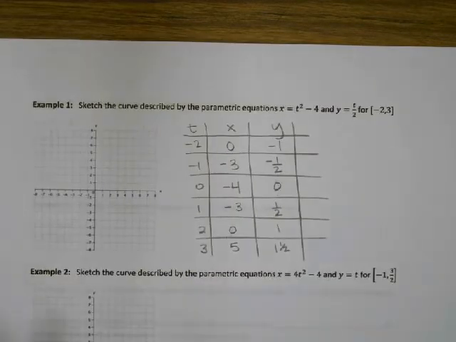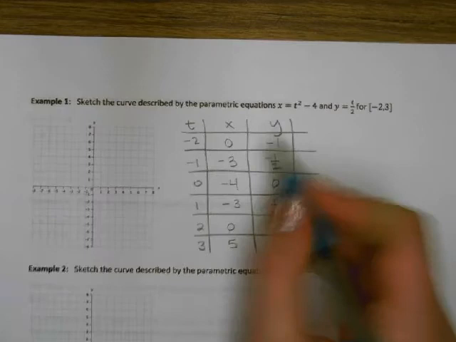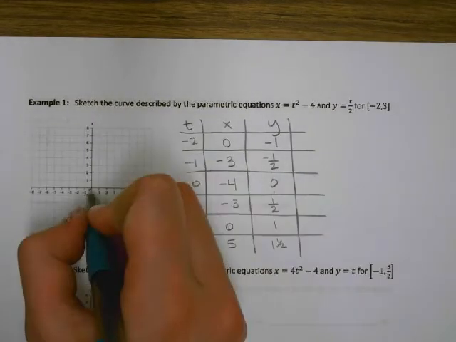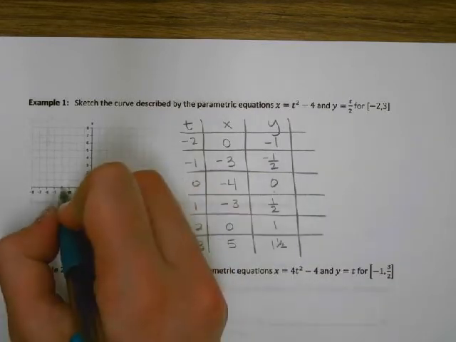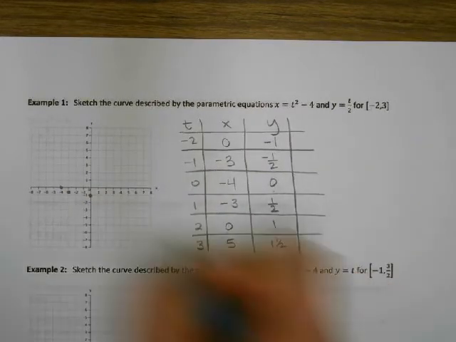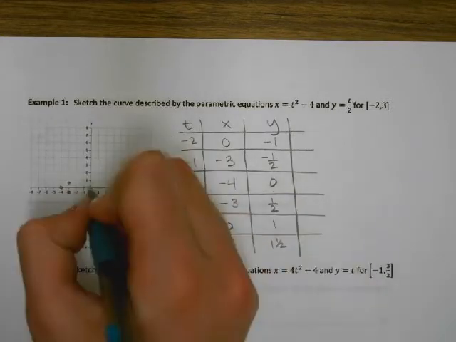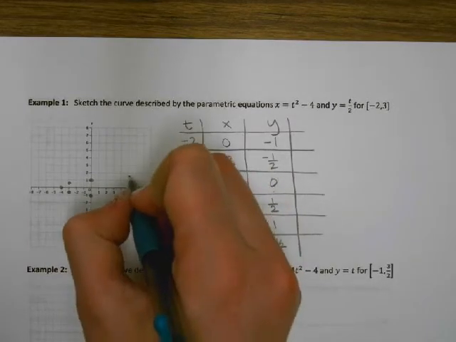All right, so now when we graph this, we're graphing it in an xy plane, so we're going to ignore all those t values. And we're going to plot the points (0, -1), (-3, -1/2), (-4, 0), (-3, 1/2), (0, 1), (5, 1.5).